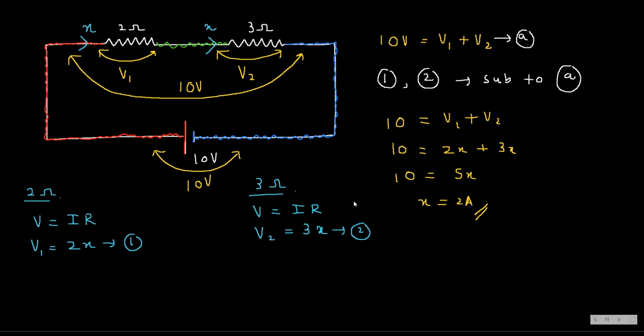Okay. Now I'm moving to the next part. Before I move to the next part, you have to know another thing. If I'm considering a battery like this, this is the positive terminal and this one is the negative terminal.